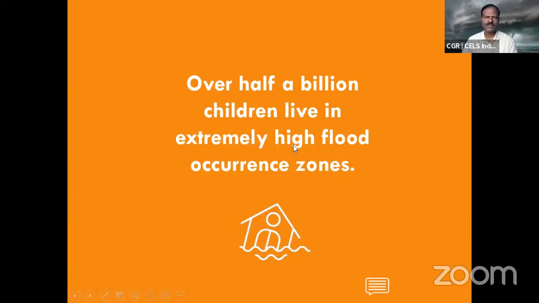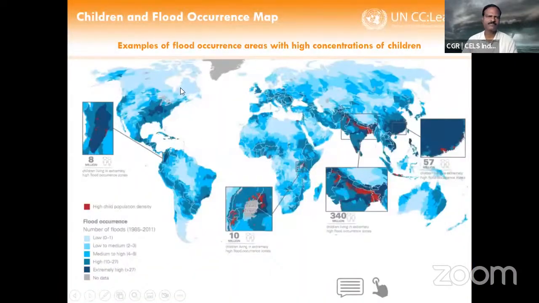That would cause floods, and it's a very big factor in the lives of the children. Here are the areas: high child population density areas are given in red, and the dark blue is the areas of high flood occurrence.